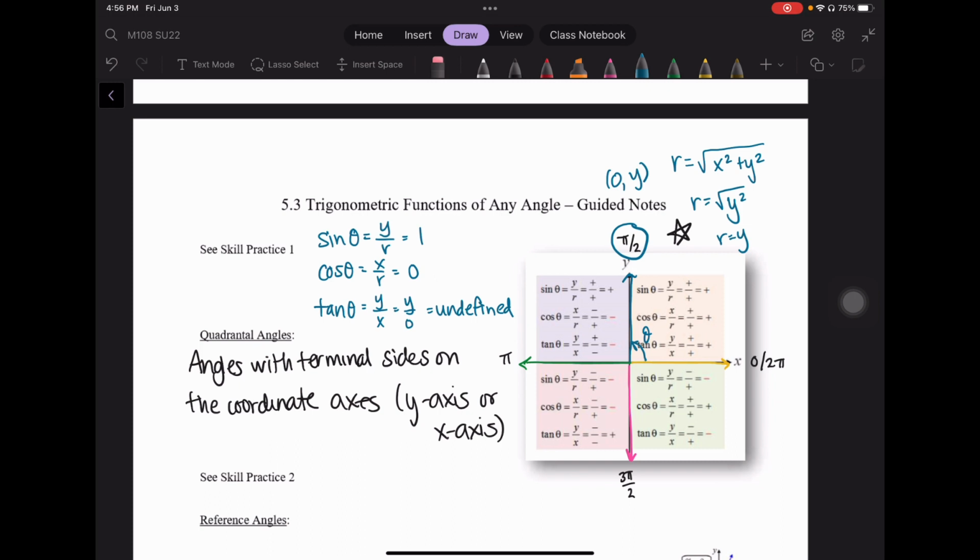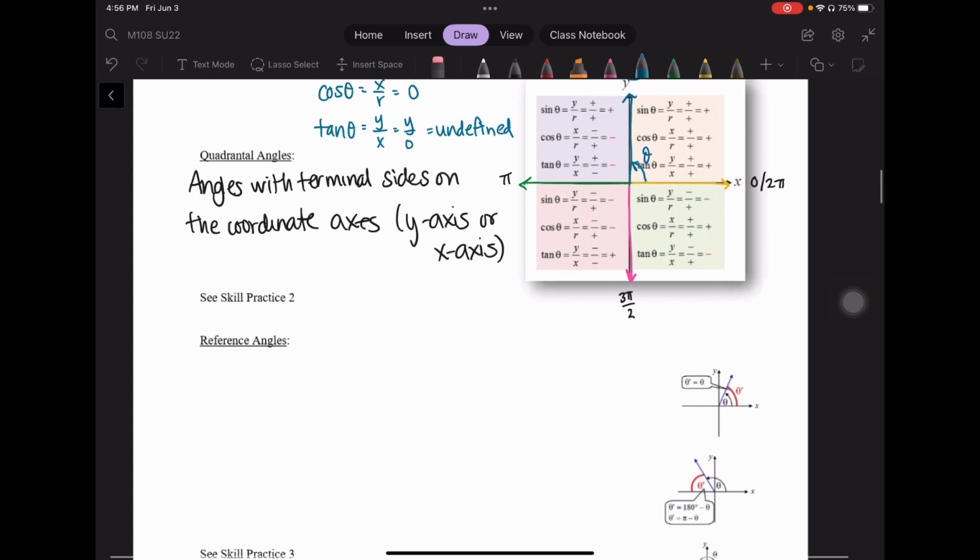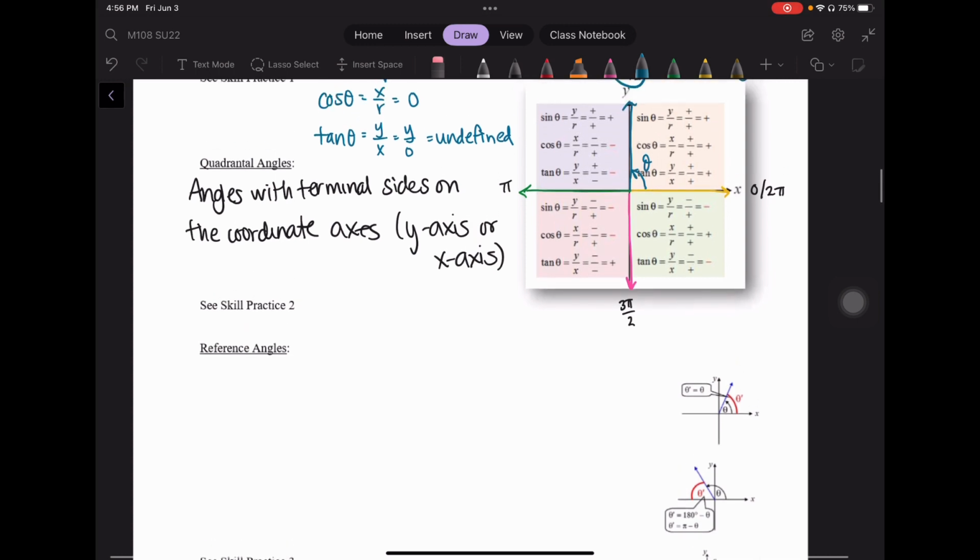A reference angle is an acute angle formed by the terminal side of theta and the horizontal axis. So for instance, I might have some angle in quadrant 3 that winds up being obtuse, but the reference angle is going to be an acute angle.